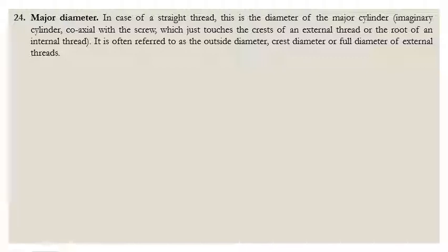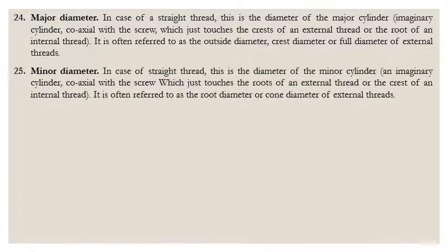Further, this major diameter is often referred to as the outside diameter, also called as a crest diameter or full diameter of external thread. Please underline the outside diameter, crest diameter or full diameter of external threads. These are the other names of major diameter which may help you in preparing for competitive exams.